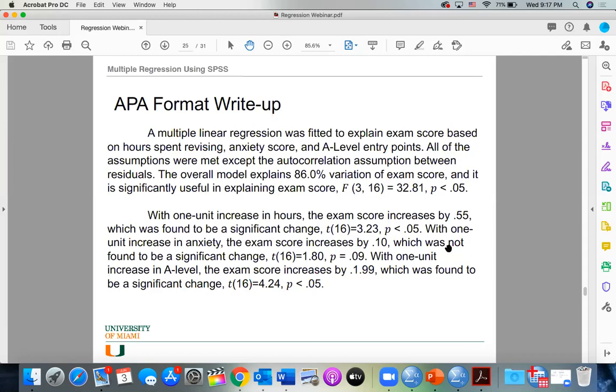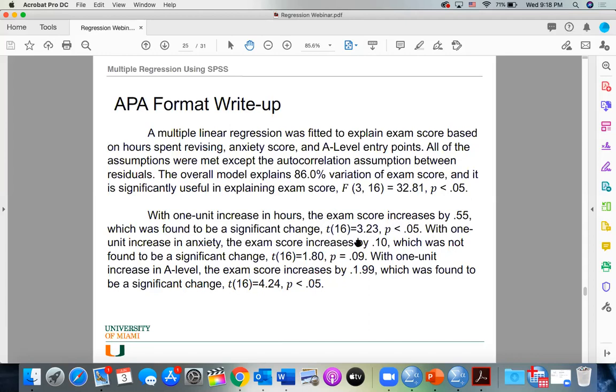So in the first paragraph, we talked about the overall model. In the second paragraph, we will talk about each variable or each predictor. So as you saw earlier, with 1 unit increase in hours spent revising, the exam scores increase by the coefficient, and you should also say whether this change is significant or not. So in the hours case, it was significant.